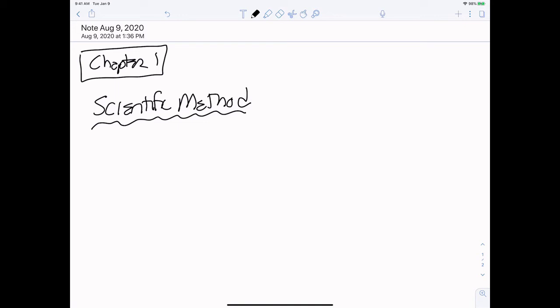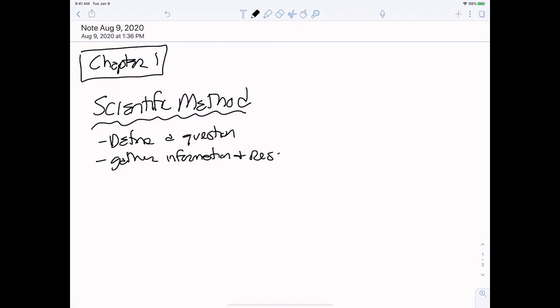That's a process too. So kind of just real quick again, we define a question. We research it, so gather information and resources. And then we form our hypothesis.